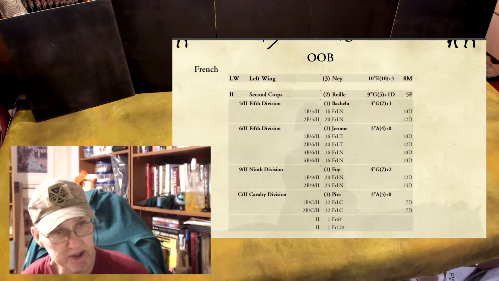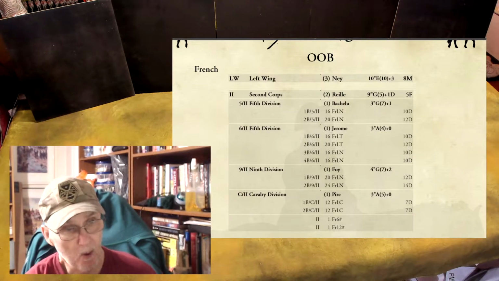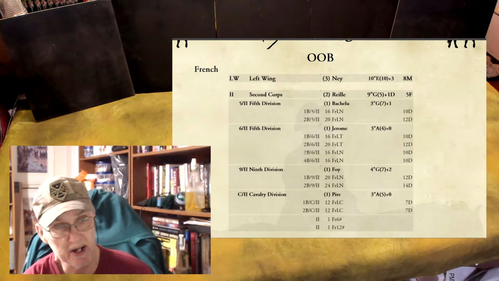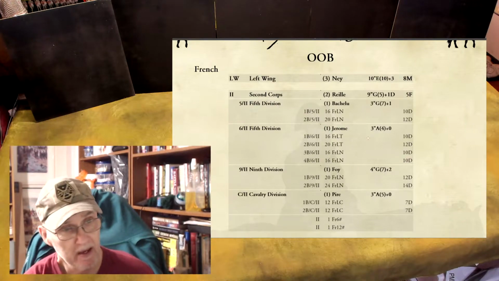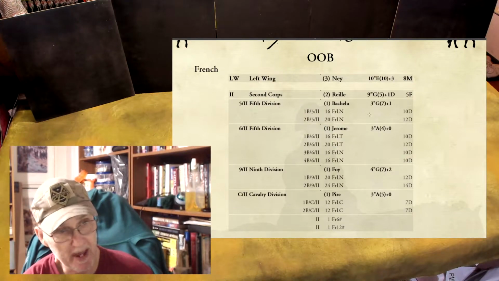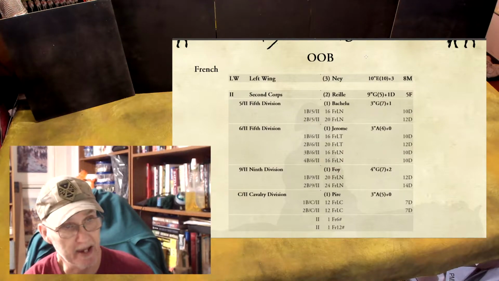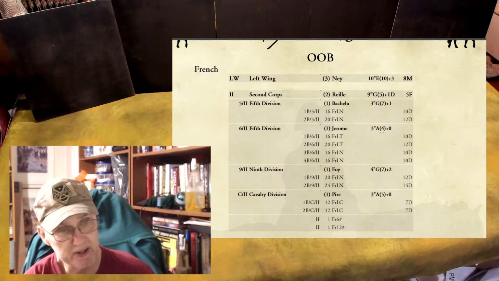And you can also see the way Napoleon's Battles does their general stats is they give you a command range, they give you their quality, which is average, good, or excellent, like Ney up here is excellent. And then there's a command and control value.